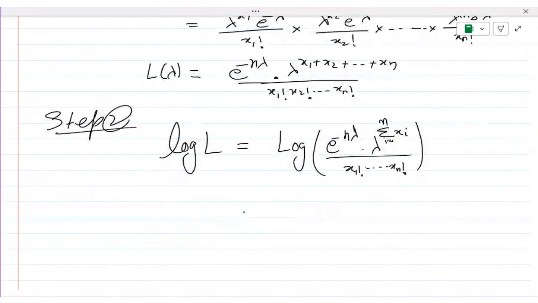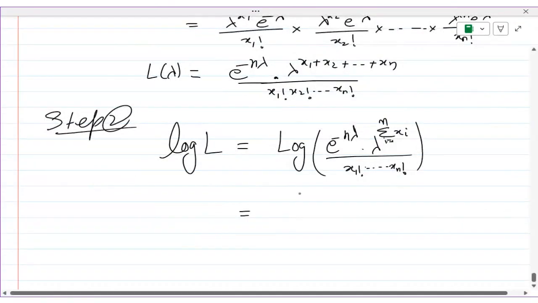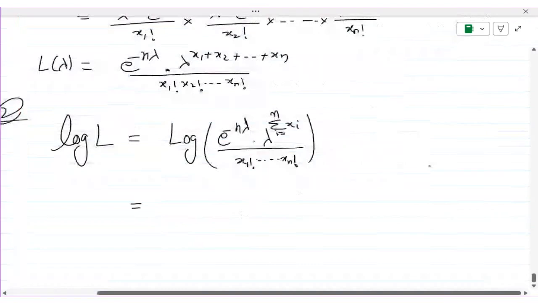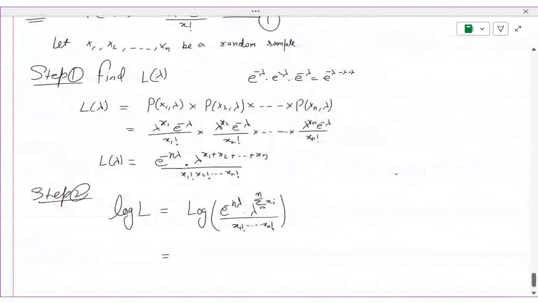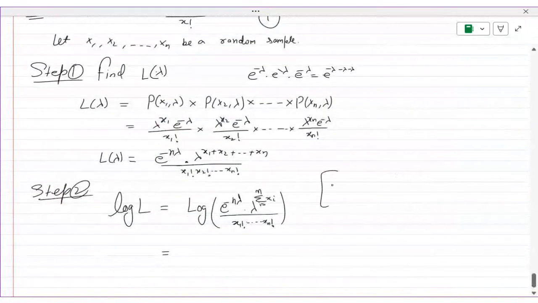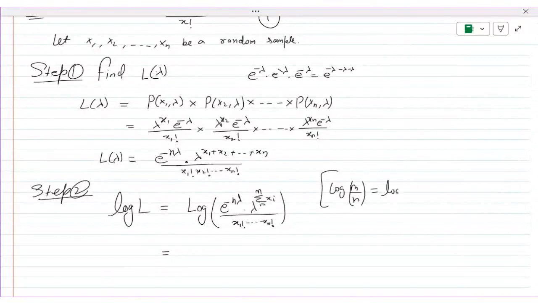Now I will apply the properties of log. What is the first property that I am going to apply? Log m upon n: if two numbers are in division, then log of them is log m minus log n.